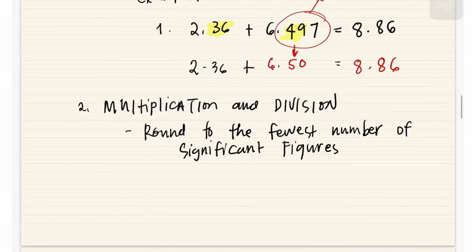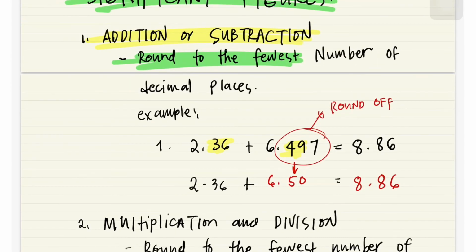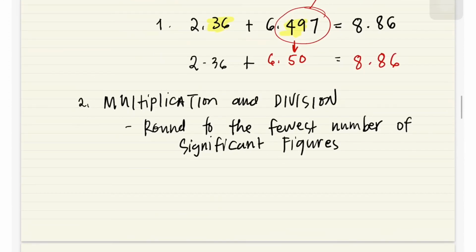To the fewest. Here, when we add and subtract, we round to the fewest decimal places, and again we round off. Next, when we do multiplication and division, you have to do the same: round off to the fewest number of significant figures.